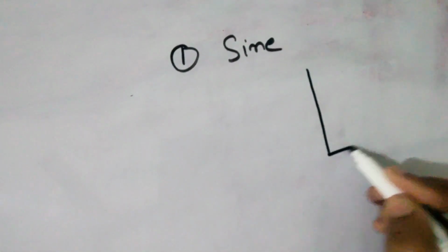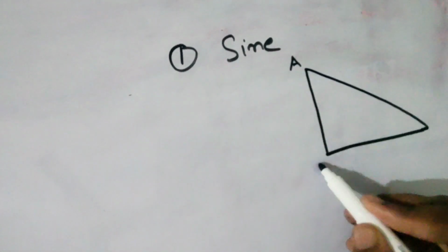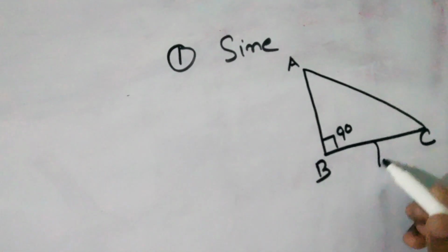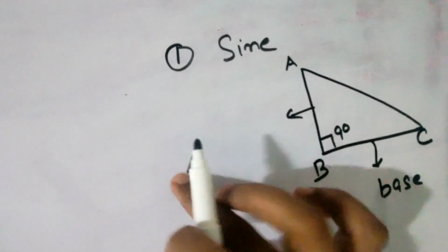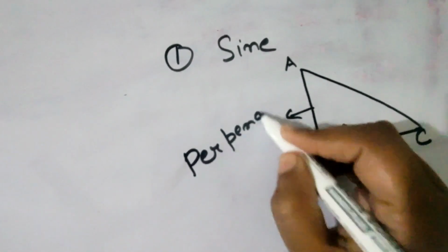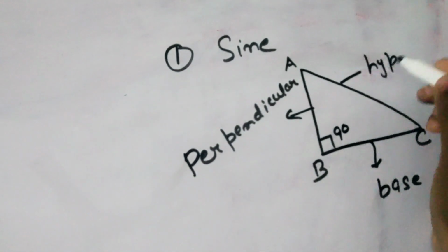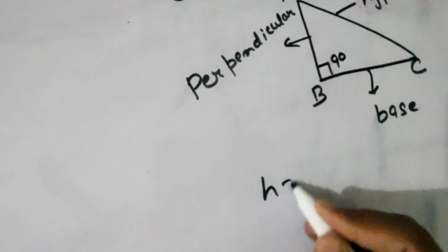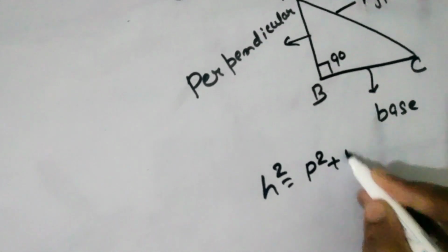First you draw one right angle triangle ABC. This is 90 degrees, this is the base, this is the perpendicular, and this is the hypotenuse. The hypotenuse formula: hypotenuse square equals perpendicular square plus base square.